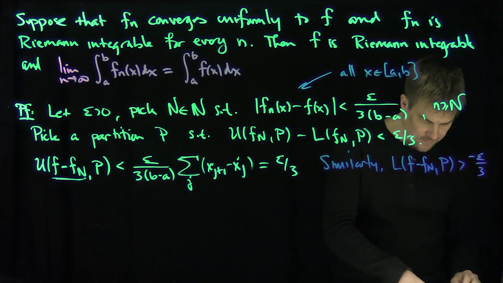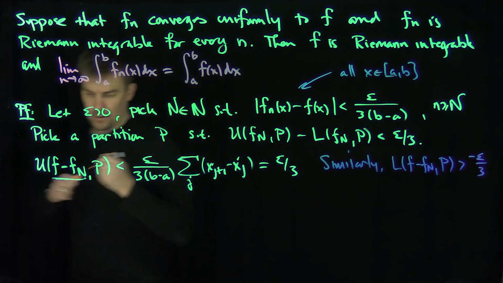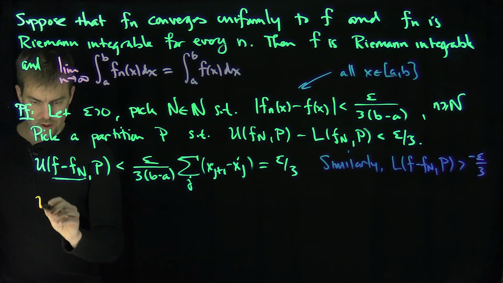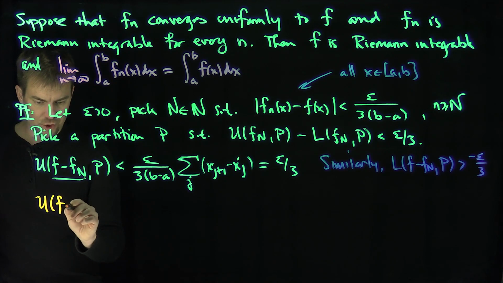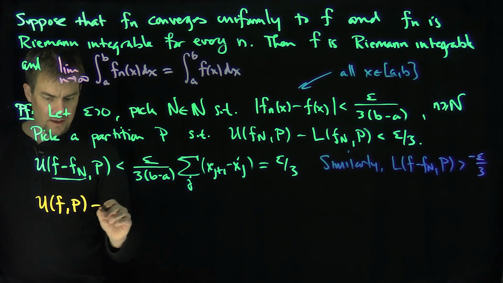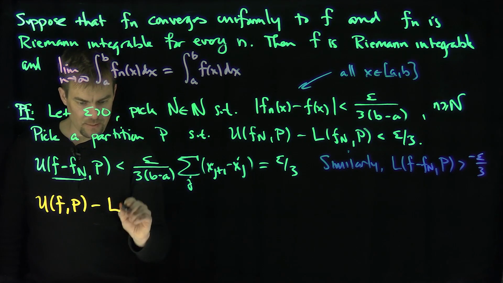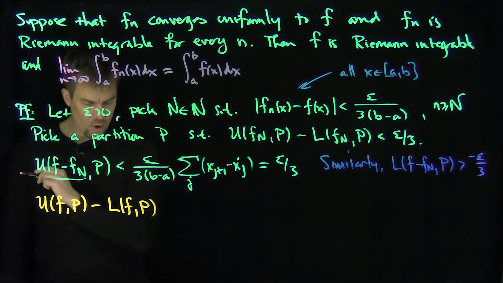Great. Now we're going to estimate the difference of the upper and the lower sums of f. If I have the upper sum of f on this partition minus the lower sum of f on this partition for that limit function, what can I say?